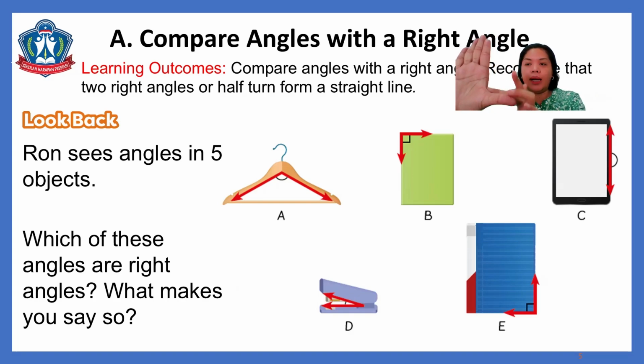So that is a right angle. So which of these objects? Yes, object B. Then we have object E. It depends on the red arrow. So object B and object E show the right angle.